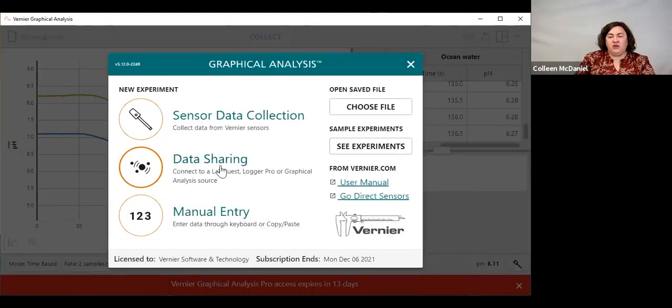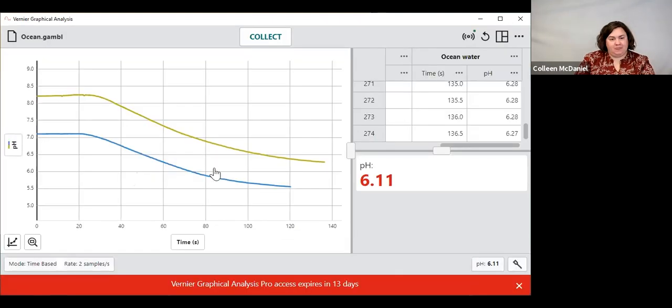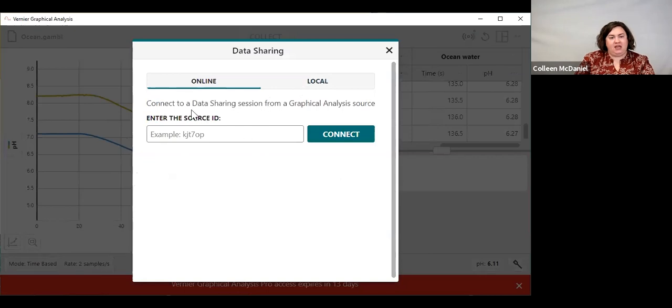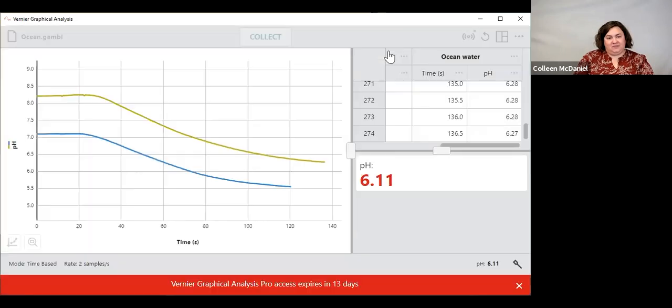Here, you're going to want to go to data sharing and enter the code DWR7IA into the online data sharing source ID. And then you're going to click connect.